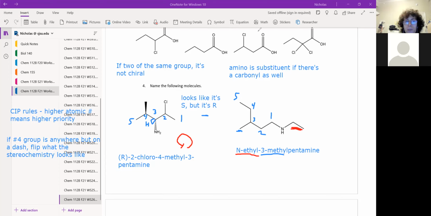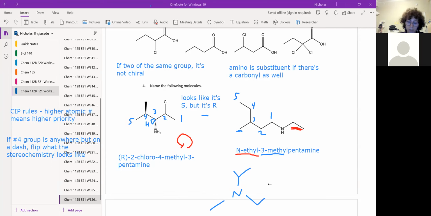You would have to put multiple N's if there were multiple functional groups or multiple alkyl groups. Like say I had this structure here, then you would want to put N for the ethyl group and then N for the methyl group and then the isopropyl one.